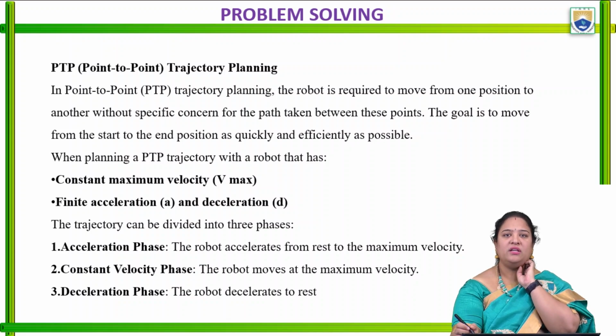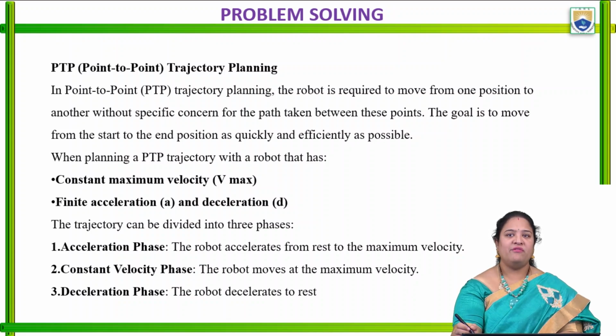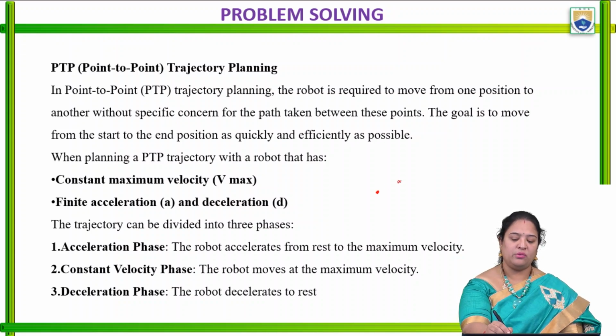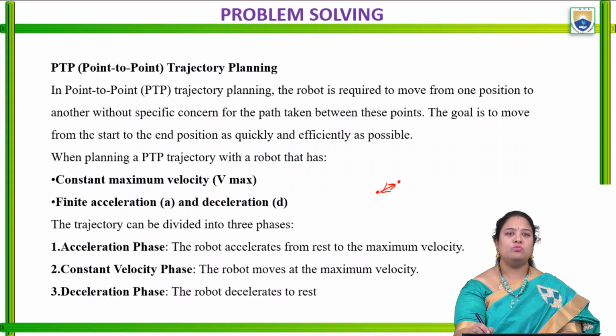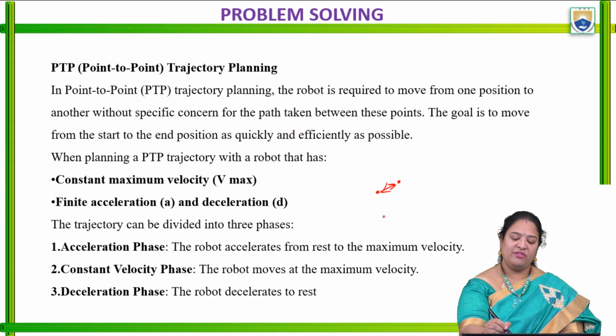Without any specific consideration of the path from one point to the other. So the goal is to move from the start to the end position as quickly as possible, or as effectively as possible, when the robot is moving from one initial point to the other end point, right?